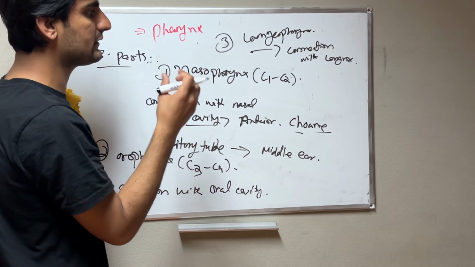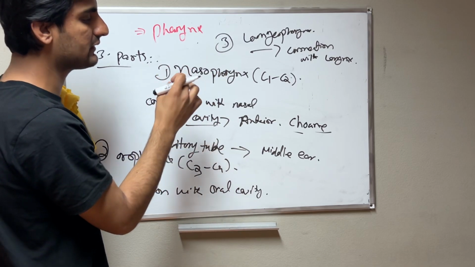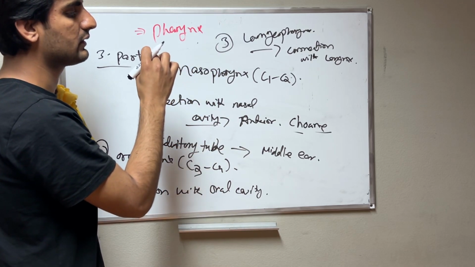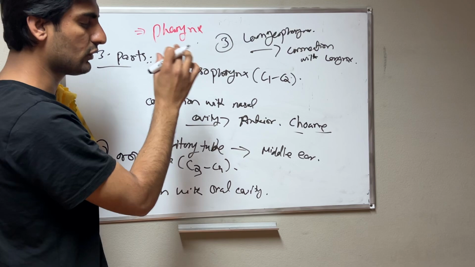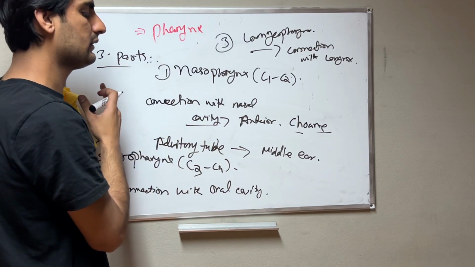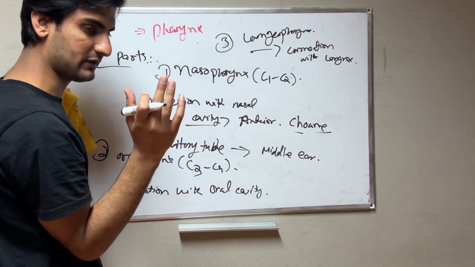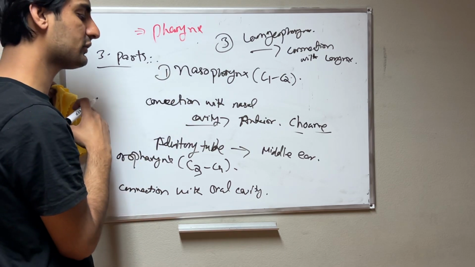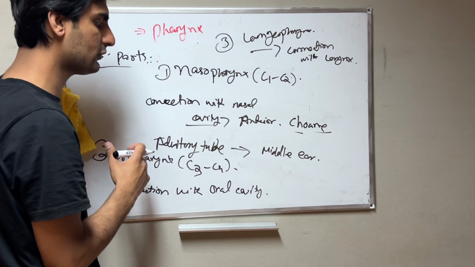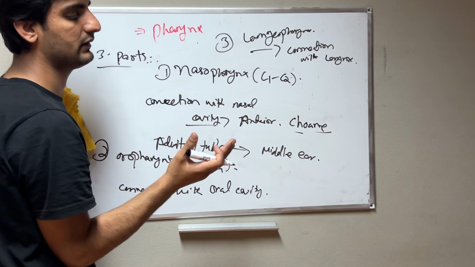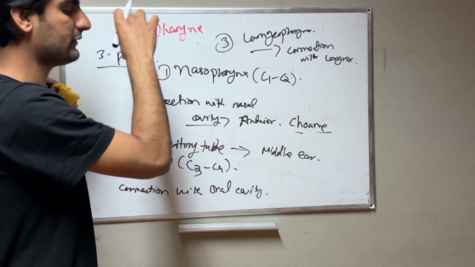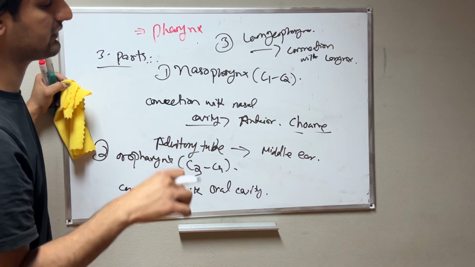When we eat, among the three parts, the nasopharynx is closed by the soft palate muscle, if you remember. The larynx and oral cavity are closed by the tongue, and the food goes from the pharynx to the esophagus.